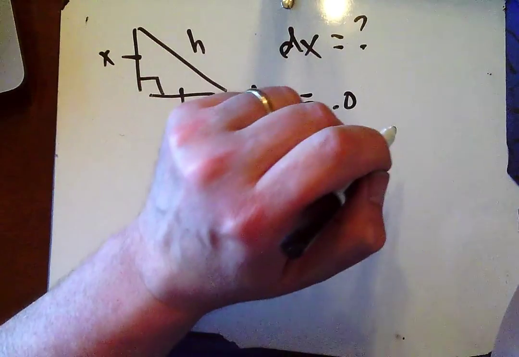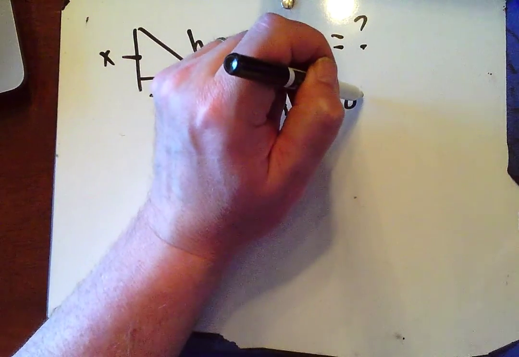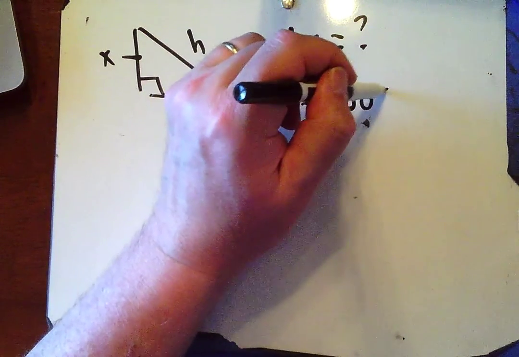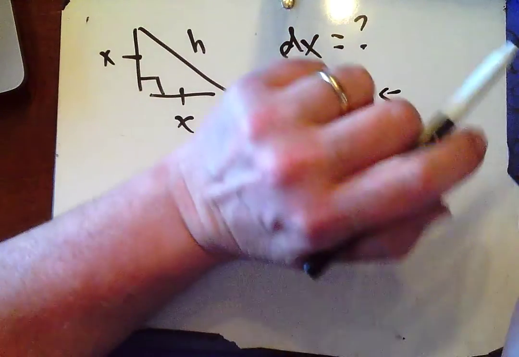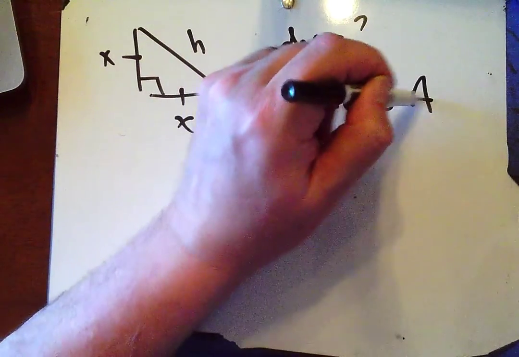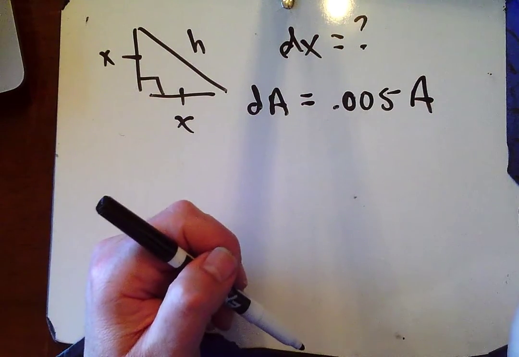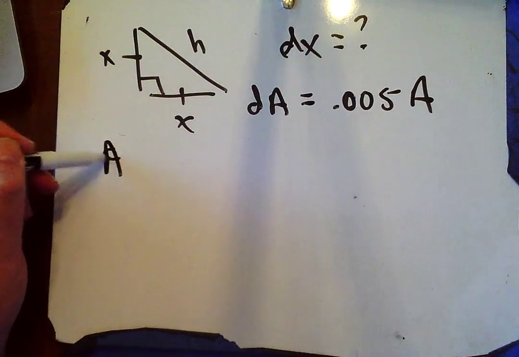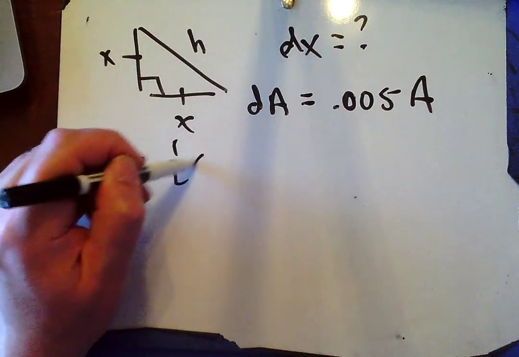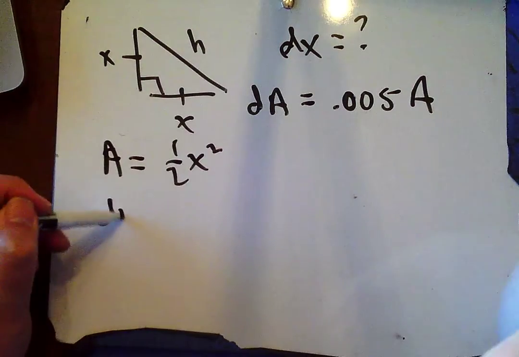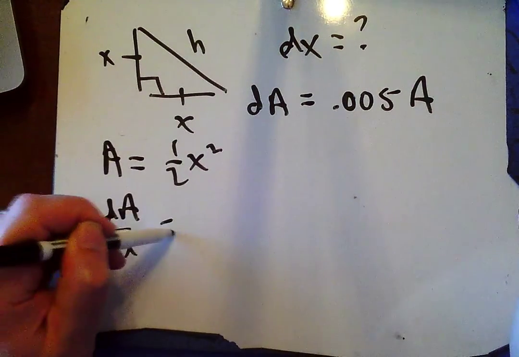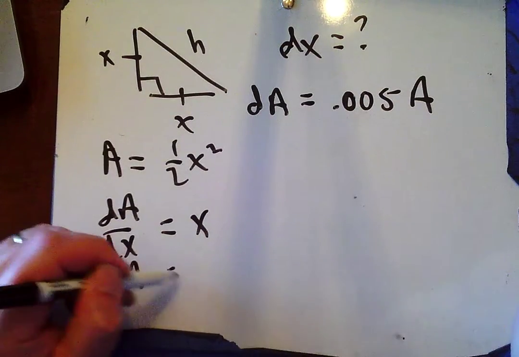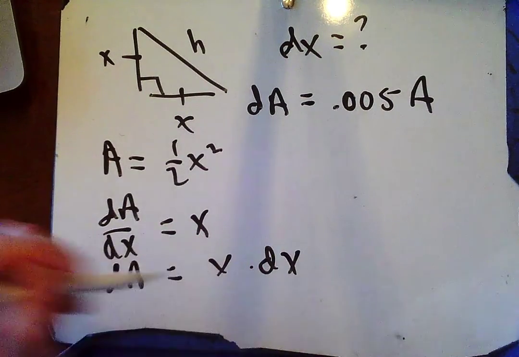Must be within, is it 0.5%? So that's 1%. We want half of that. So 0.5%, looks like that, of the actual area. Okay, and so that's what I have. Well, I know that the area of this triangle is 1/2 x squared, and I know that dA/dx is going to be x, and so dA is x dx.